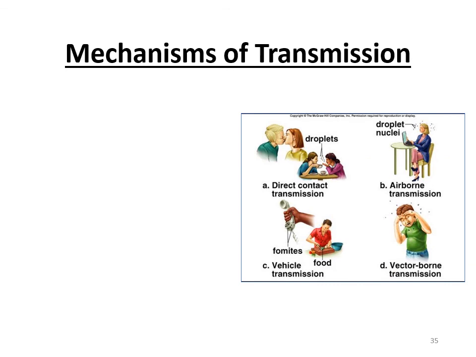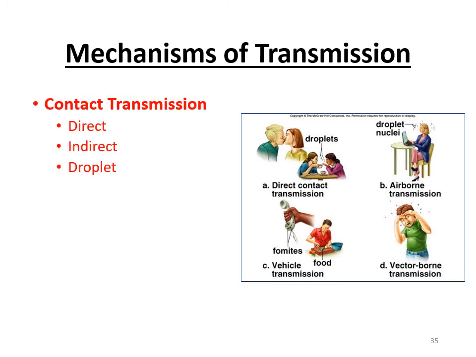Now, when you think of the spread of the disease from those reservoirs, there are various mechanisms that the infection can be transmitted. The first one is contact transmission. And when we talk about contact transmission, that means that you have either touch or close contact, okay? And contact transmission can be broken down into 3 different types of contact.